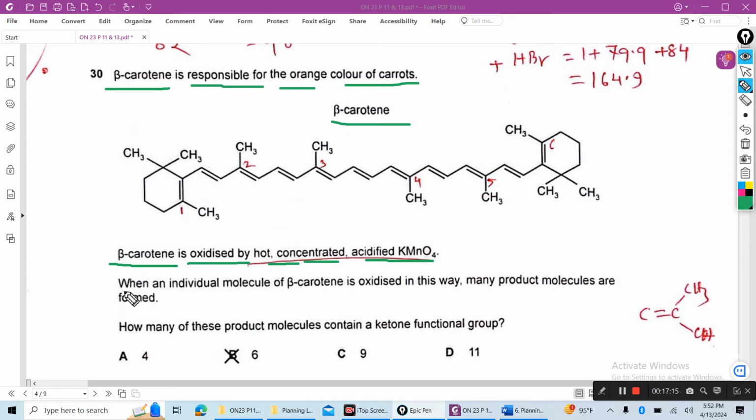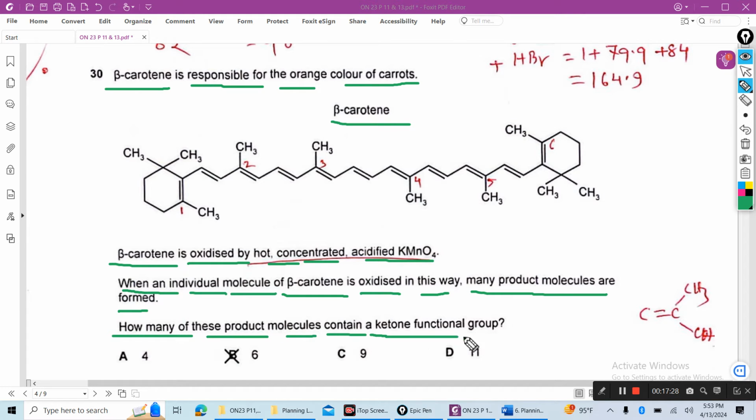Now you are asked, when an individual molecule of beta-carotene is oxidized in this way, many product molecules are formed. How many of these product molecules contain a ketone functional group? When a carbon-carbon double bond carbon contains two alkyl groups, maybe methyl or ethyl, in that case the product will be a ketone.